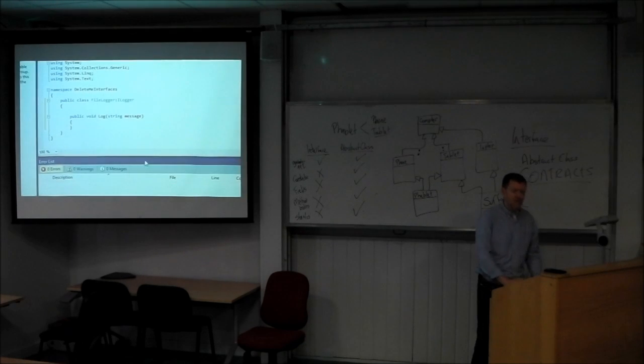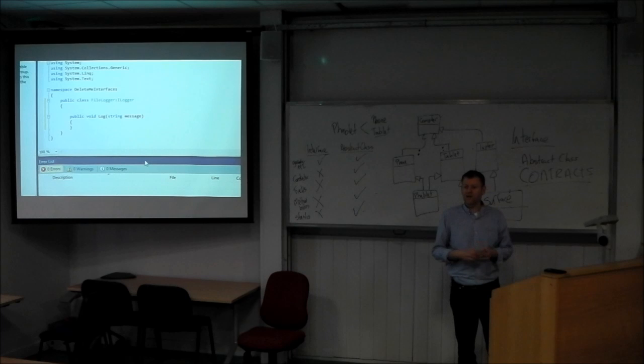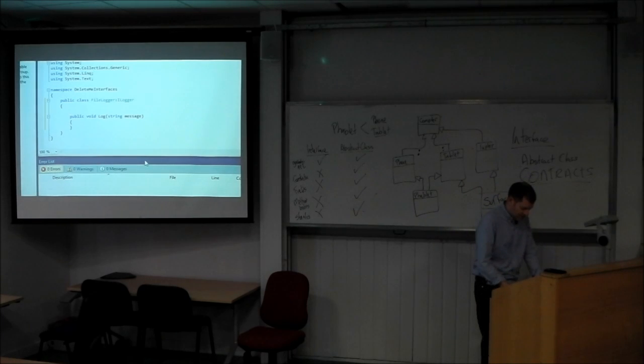So first of all, this is going to log to a file, alright? Instead of logging to the console, this is going to log to the file. So it's going to log to that file.